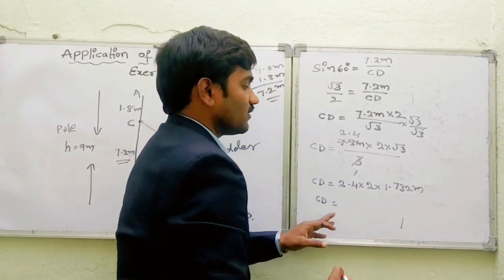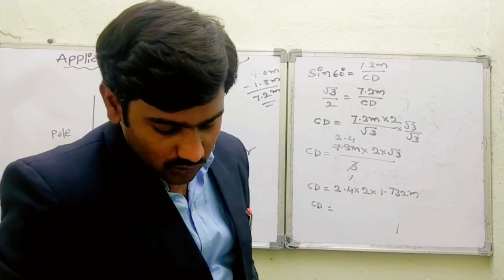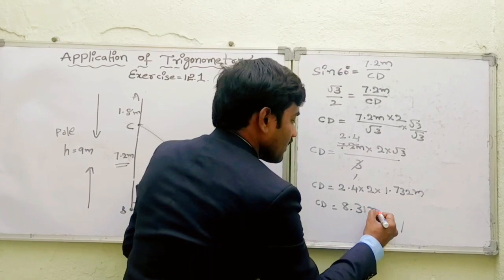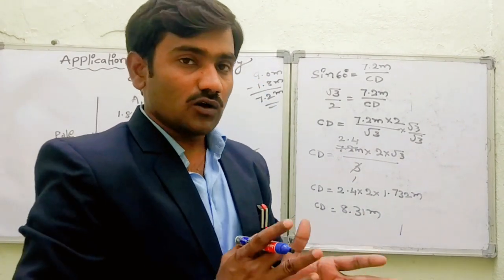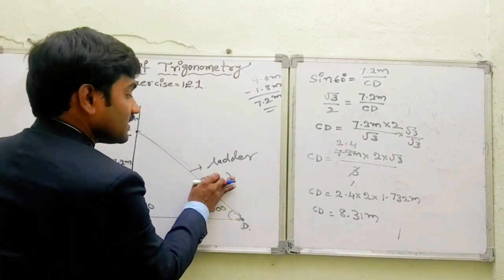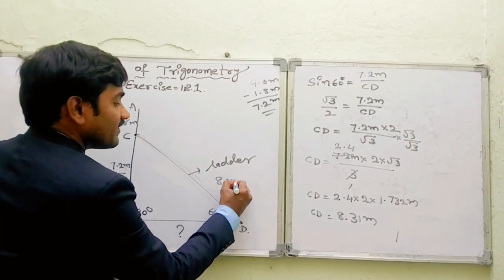You multiply this completely so that we get 8.31 meters. Already I multiplied it so as not to waste time. So the length of the ladder is 8.31 meters.